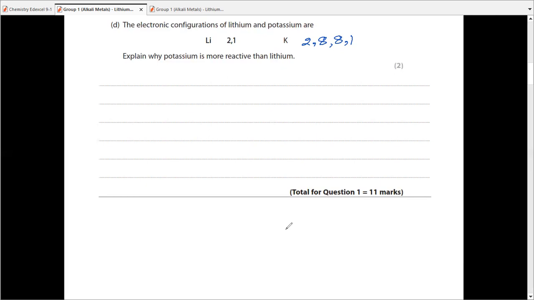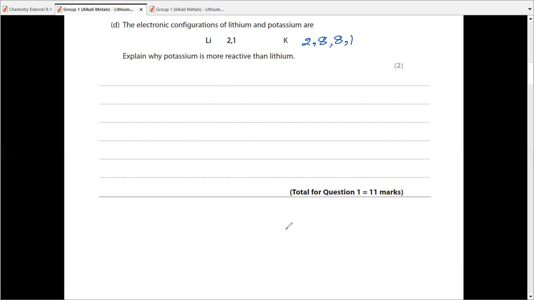Oh yeah, because I think potassium will be, I don't know how to say it in nice words, but it is more near to the nucleus. In the case of potassium or in the case of lithium? Lithium.